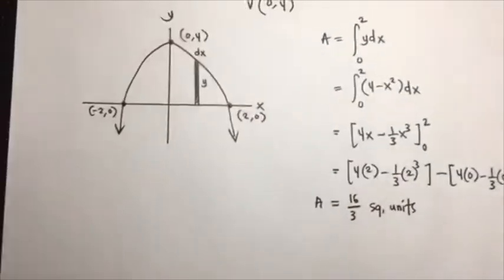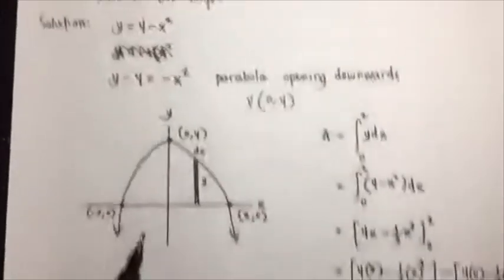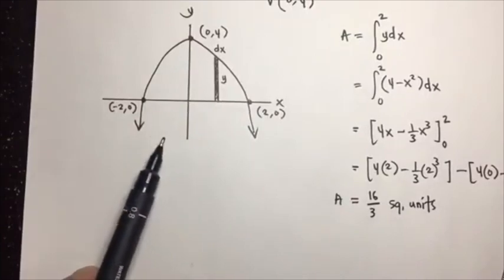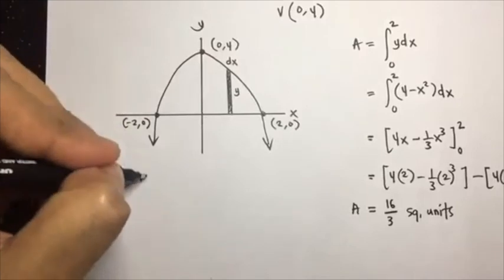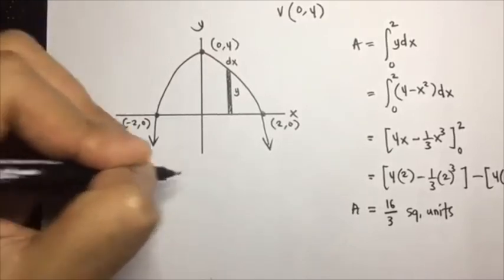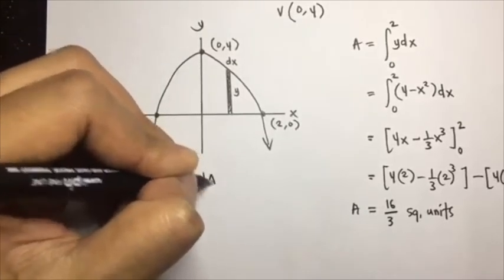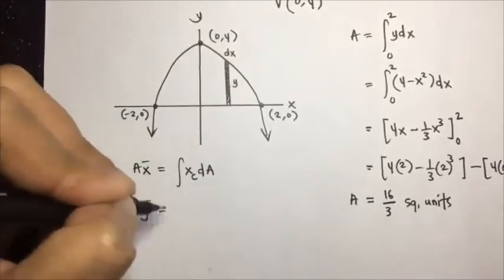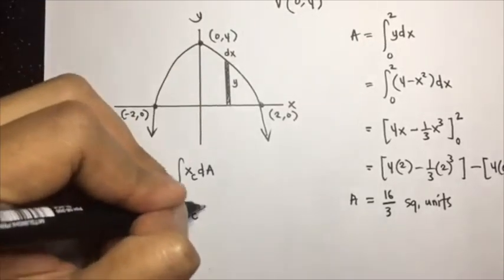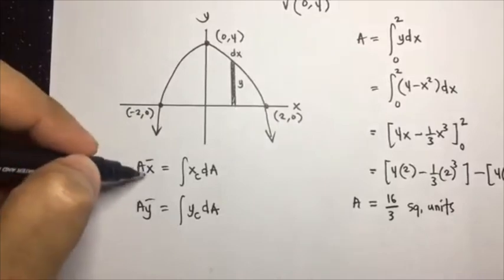Now that we have the area, we can proceed with the coordinates of the centroid. Again, we will be using the formulas: A x bar is equal to the integral of xc differential area, and A y bar is equal to the integral of yc differential area. Let's first solve for x bar.